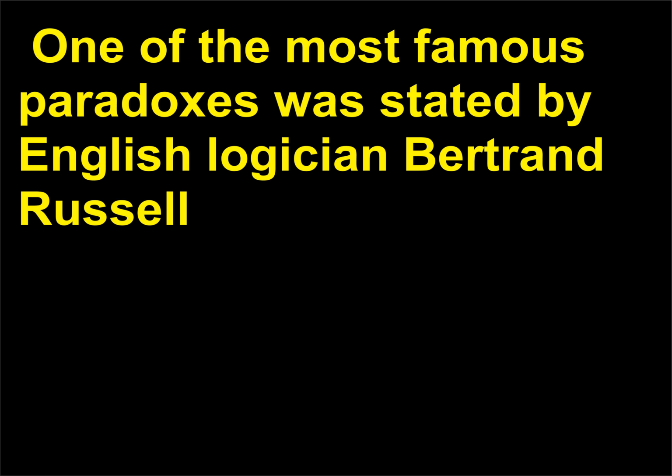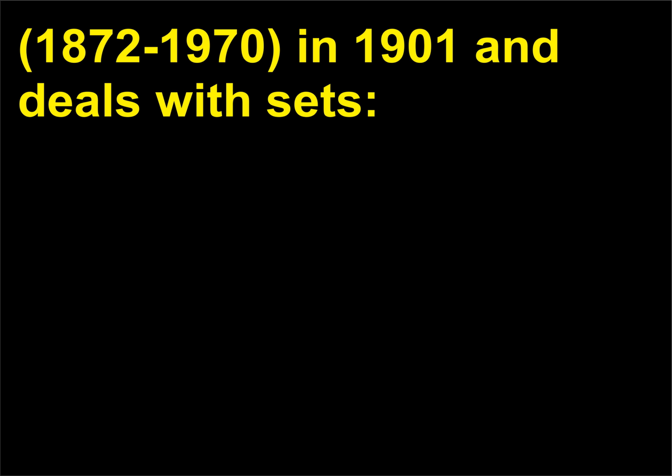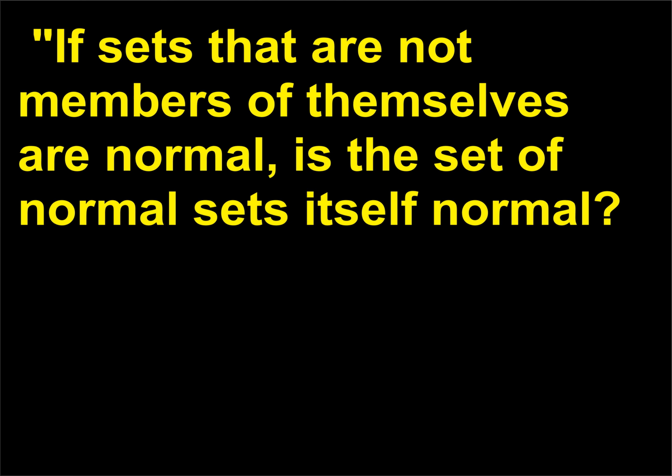One of the most famous paradoxes was stated by English logician Bertrand Russell, 1872 to 1970, in 1901, and deals with sets. If sets that are not members of themselves are normal, is the set of normal sets itself normal?